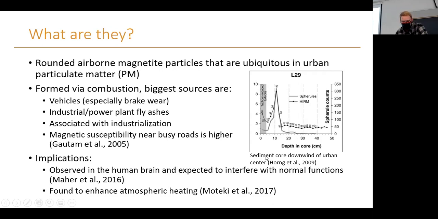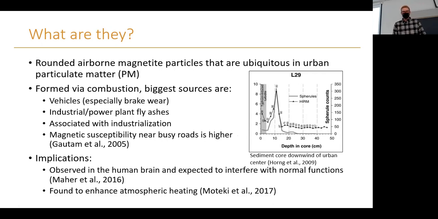And you can see right as that process began, there was a large spike in these spherules. And well, the authors attribute this to air pollution due to urbanization and industrialization.